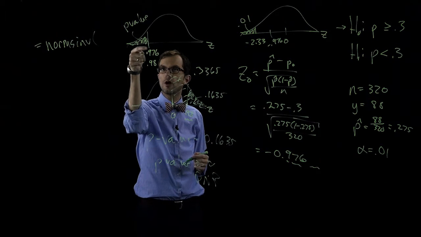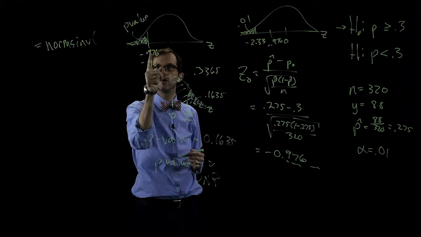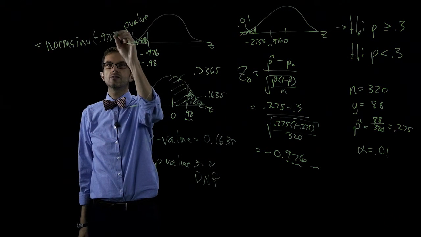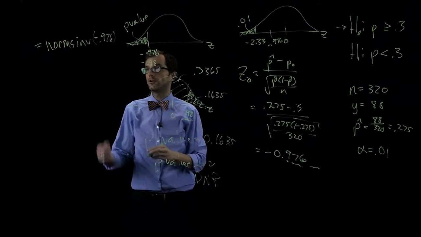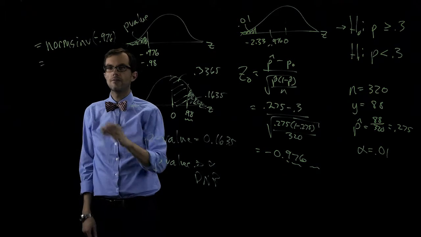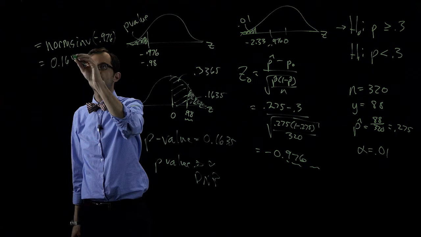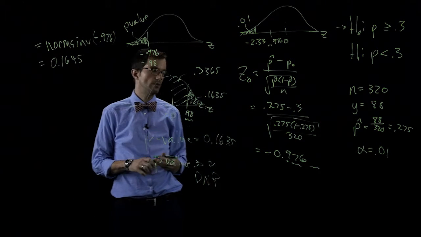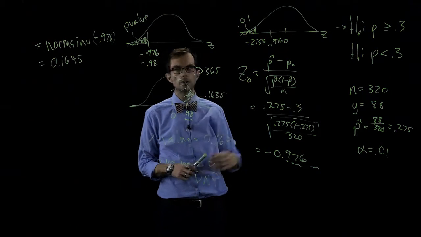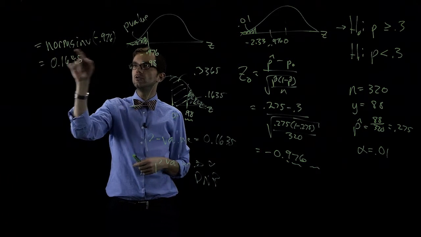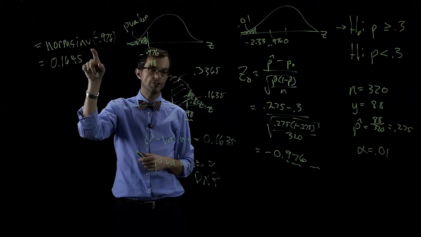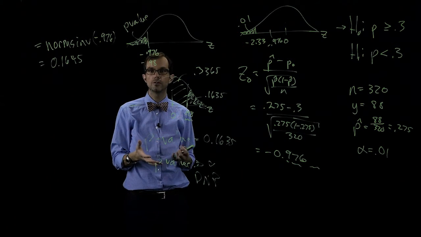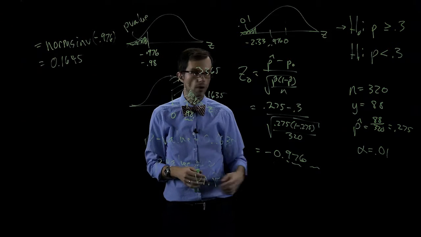We want the cumulative probability from negative infinity up to this value that we read in, negative 0.976. If we do that, then we get a value of 0.1645. A little bit different than this, certainly not enough to change how we're going to draw conclusions, but we could always use this function as opposed to the z table. Just depends on what we have available to us, how many decimal places we want, and so on.